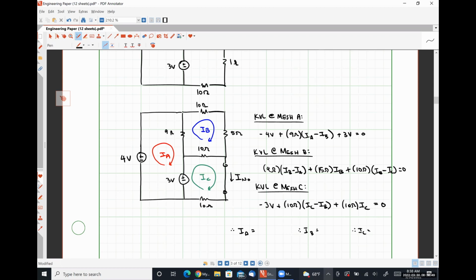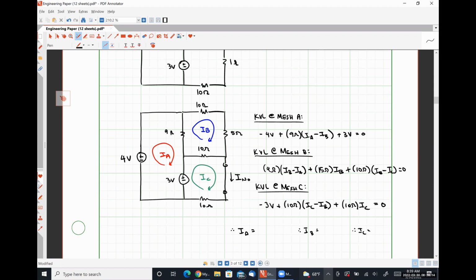So in my first equation, my coefficient for IA is +9. My coefficient for IB is -9. My coefficient for IC is 0. And my constant term, when I move it to the right-hand side of the equal sign, is going to look like 4 minus 3 is 1. For my second equation, my coefficient for IA is -9.